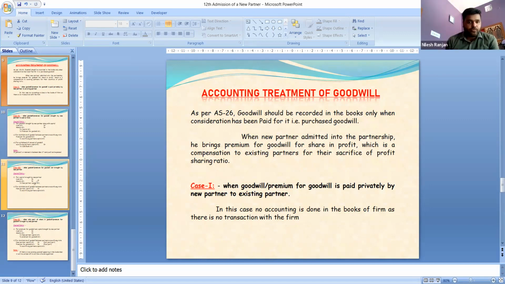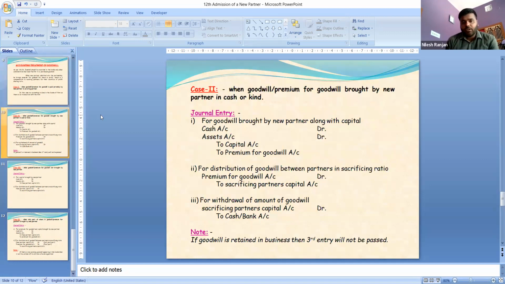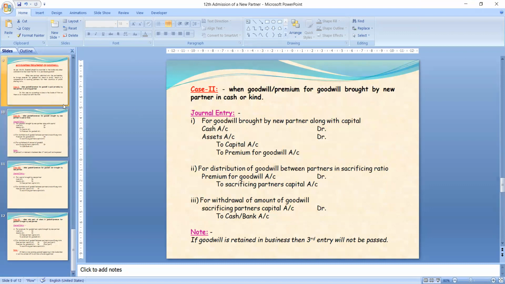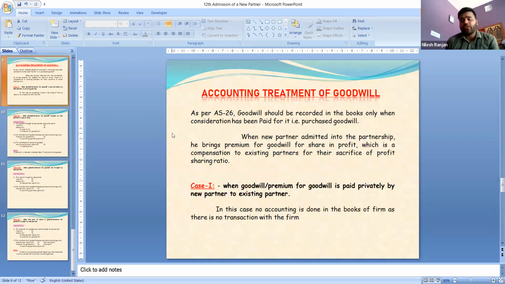Now, case 2. When they are doing it privately, it won't be accounted. There will be no accounting for goodwill.